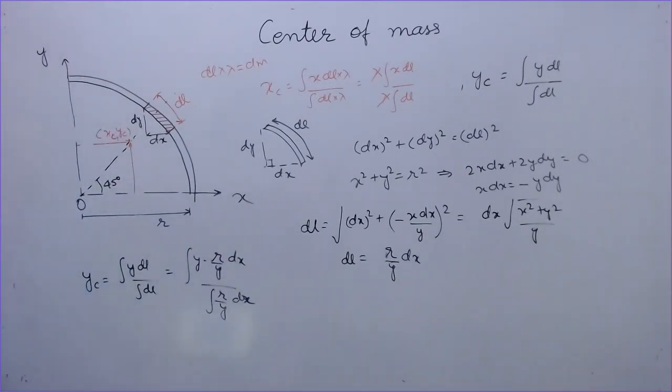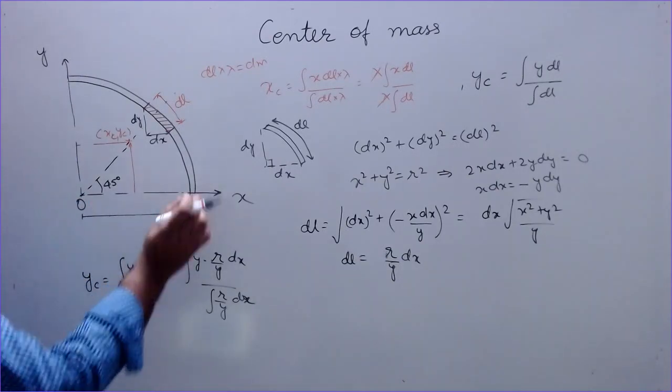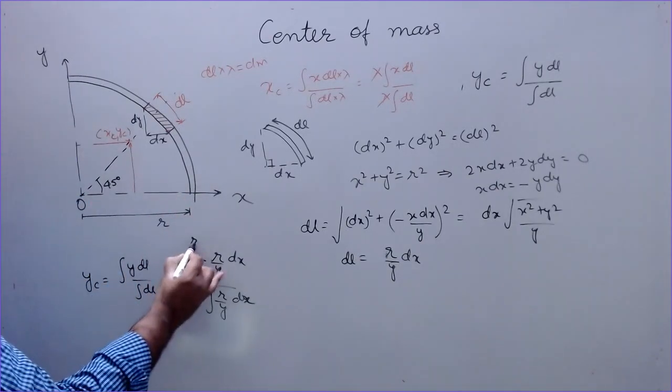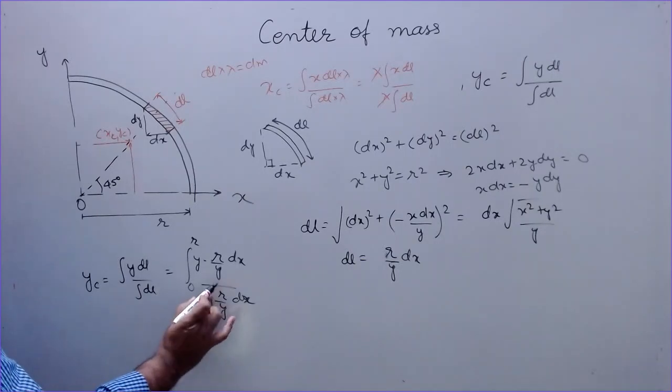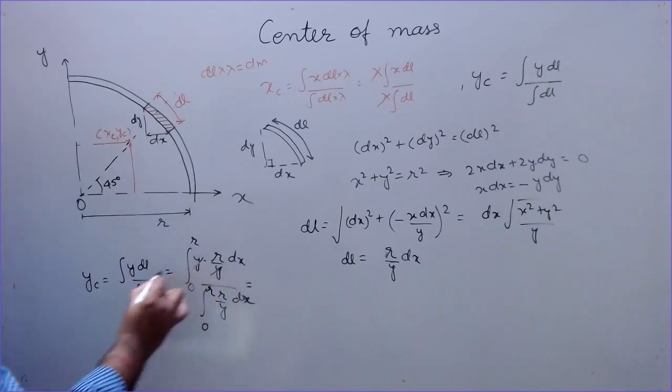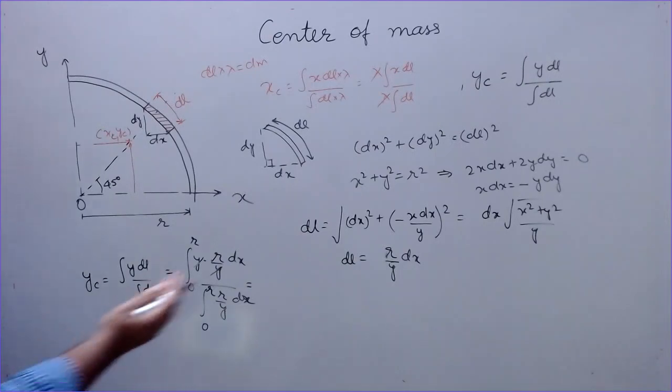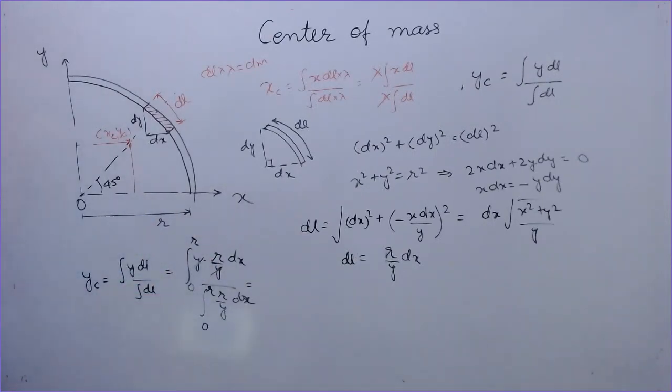What is the variable here? x is the variable varying from 0 to r. So y cancels out. r is a constant, can be taken outside and it can be cancelled.